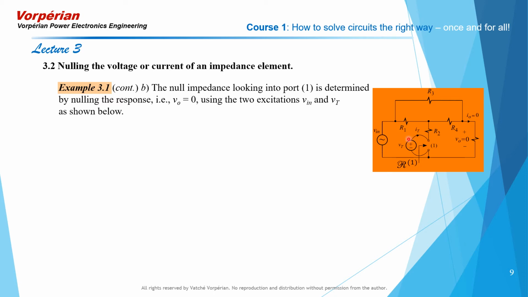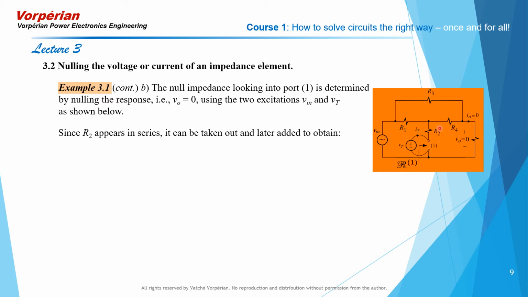That's why I put here a voltage source instead of a current source, and I'm going to study the ratio of Vt to It. Now that I have two excitations being applied to this circuit, I can null the response V0 and determine the ratio of Vt to It. I can simplify my work a little bit by recognizing that R2 appears as the first resistance that I'm going to see, no matter what turns out for this expression R1.